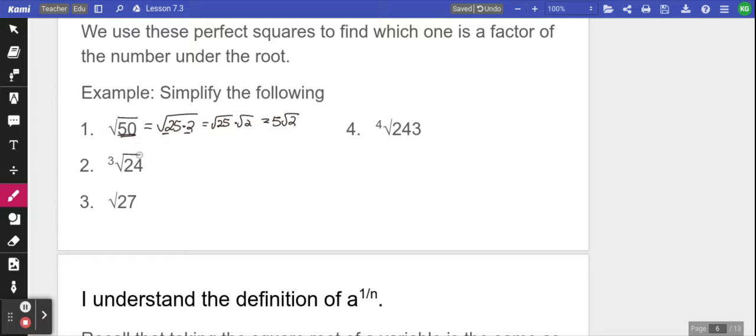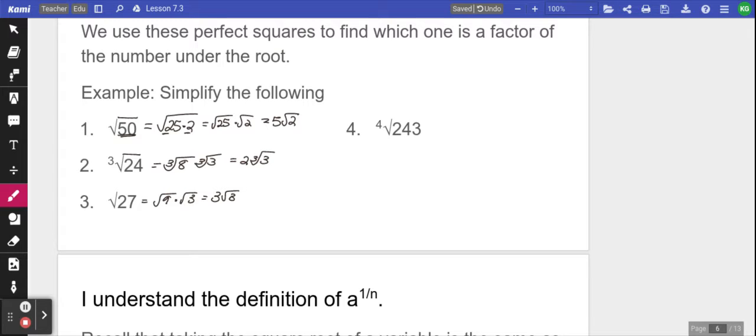On this one, I'm looking at the cube root of 24. So I have to look at all of my perfect cubes. And I know that I can break that up into the cube root of 8 times the cube root of 3. The cube root of 8 is 2, and the cube root of 3 is simplified. Next one, for 27, I can break it up into 9 and 3. The square root of 9 is 3, and the other one stays inside the square root.